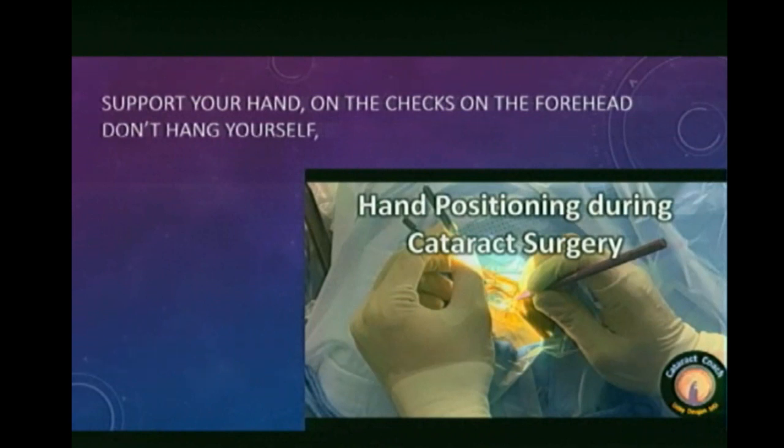This is not a good option, because when you do that, your hands will have some tremor, will have instability while doing the surgery. So fix your hand on the cheek of the patient, or even on the eyebrow, or even on the arm support, but never keep your hands in the air. So it is very important to support your hands.